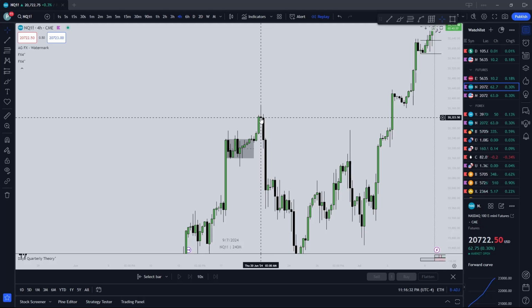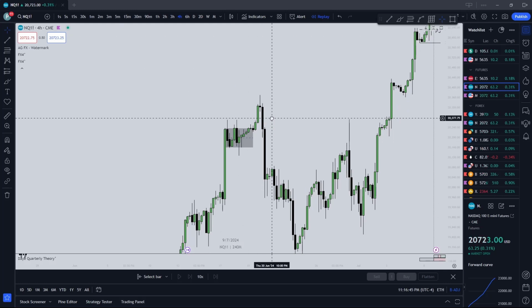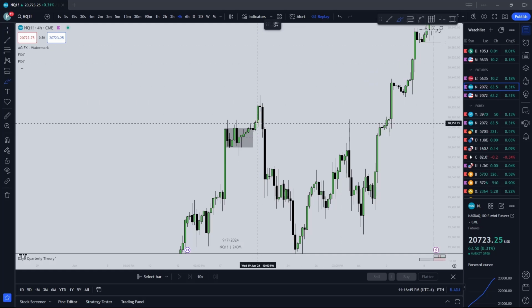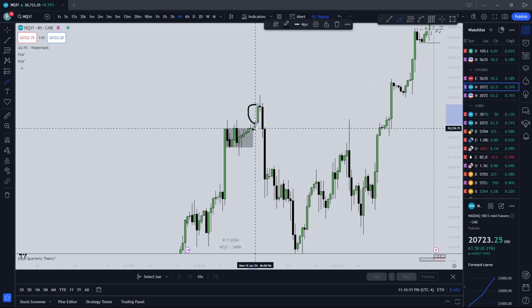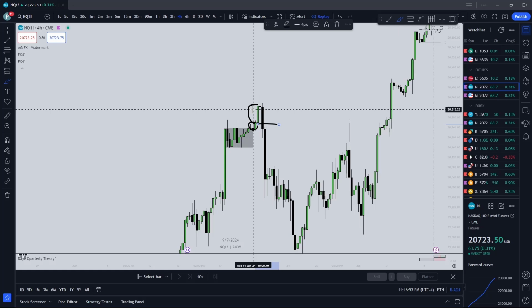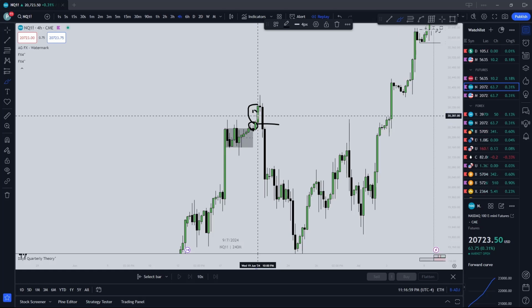And then I waited until the London session truly told me that it wanted to short, with the closure of the 4-hour, because one, I wasn't waiting for that, and two, I was pretty confident in the short already. And that being with this candle, and this candle as well, but this one for visualization of your number 1.